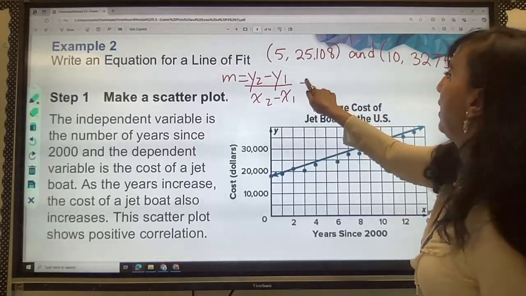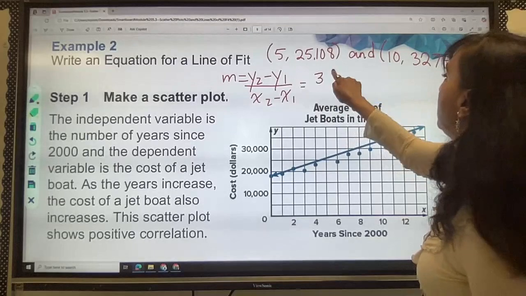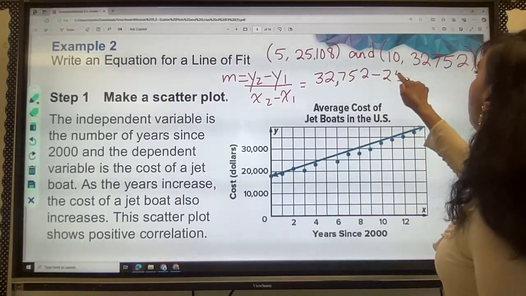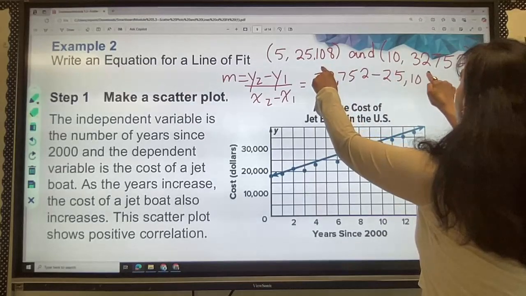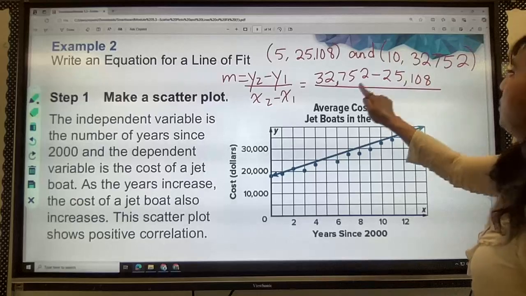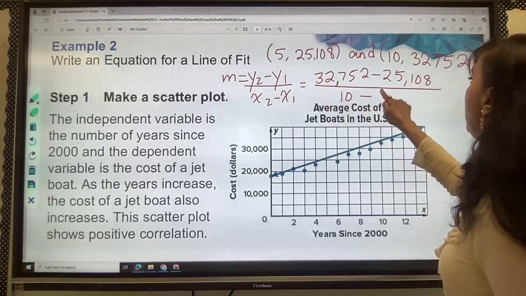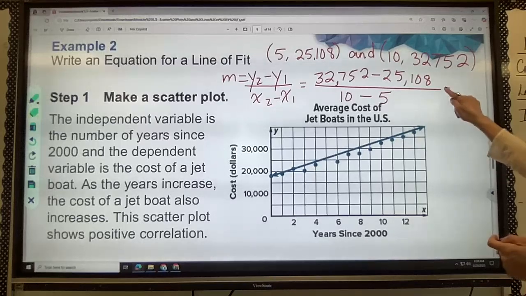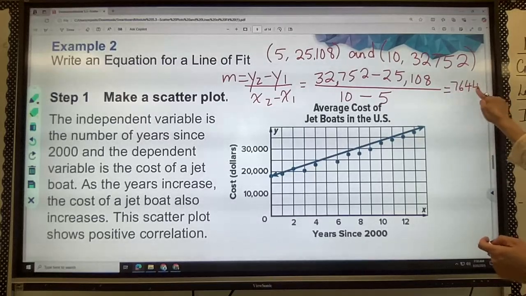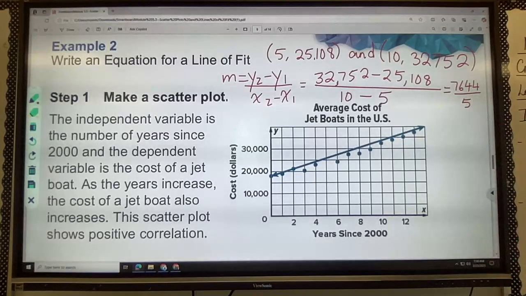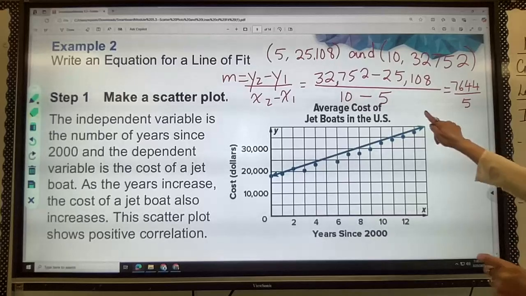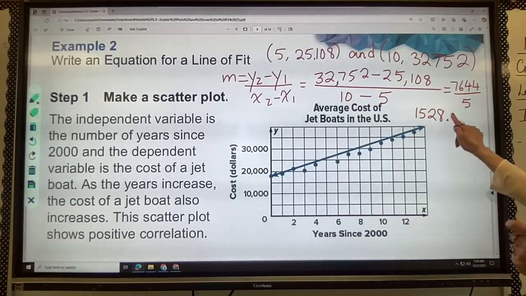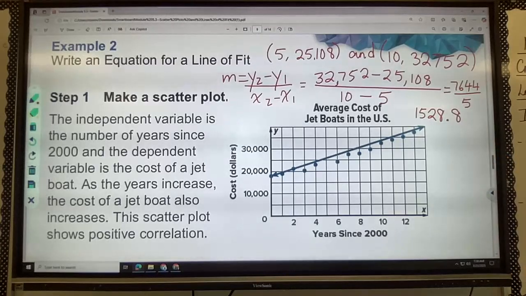And so what do I get? y2 is 32,752 minus 25,108 over x2 is 10 minus x1 is 5, and I get 7,644 over 5, and that gives me 1,528 and 8/10, and that is my slope.